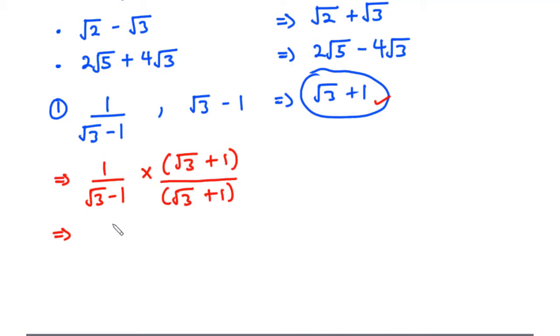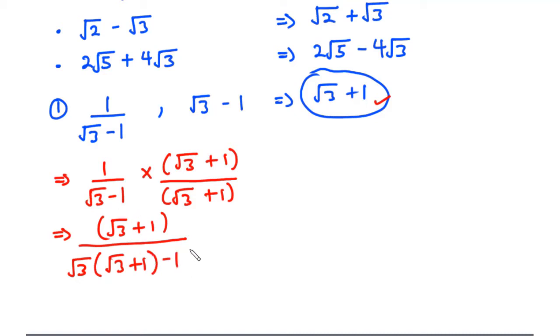So that's going to give us root 3 plus 1. And then for the denominator, we pick one term and then multiply by root 3 plus 1. And then we pick the second term and also multiply by root 3 plus 1. So we have root 3 multiplying root 3 plus 1. And then we have negative 1 multiplying root 3 plus 1.